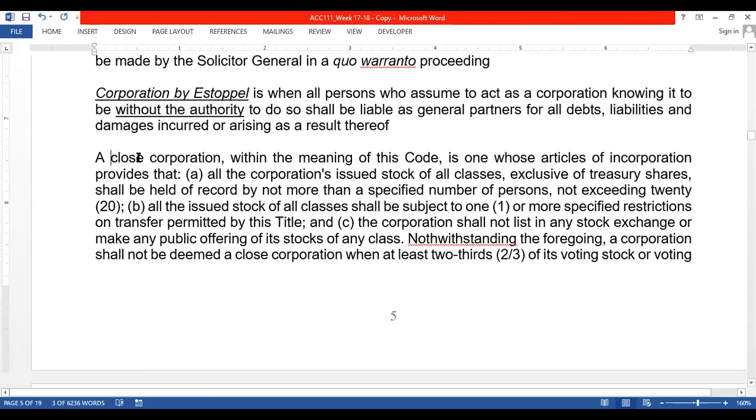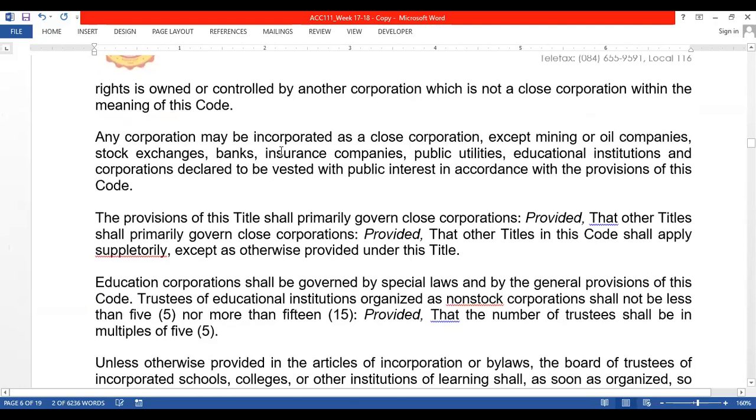Close corporation naman, so this is actually termed as family-owned corporation. So mga family-owned corporation. So any corporation may be incorporated as a close corporation except mining, so bawal yung mga mining companies and even stock exchange, publicly listed corporations, even banks to create a close corporation.